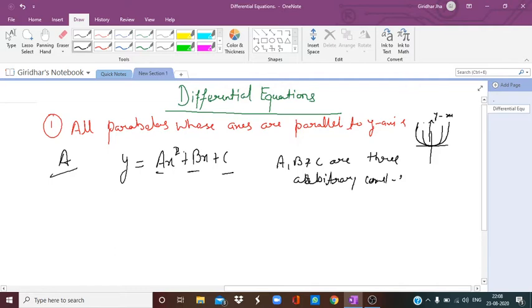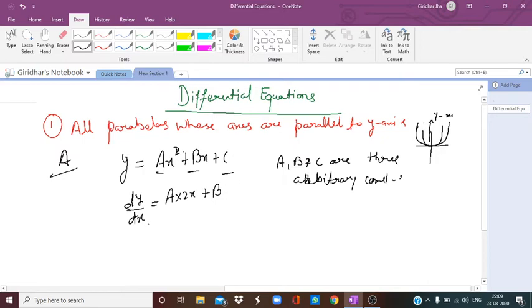So now we have three arbitrary constants, so we have to differentiate thrice. So first, when you differentiate, dy by dx, a is constant, so derivative of x square becomes 2x, plus b is constant, x is 1, and c becomes 0.